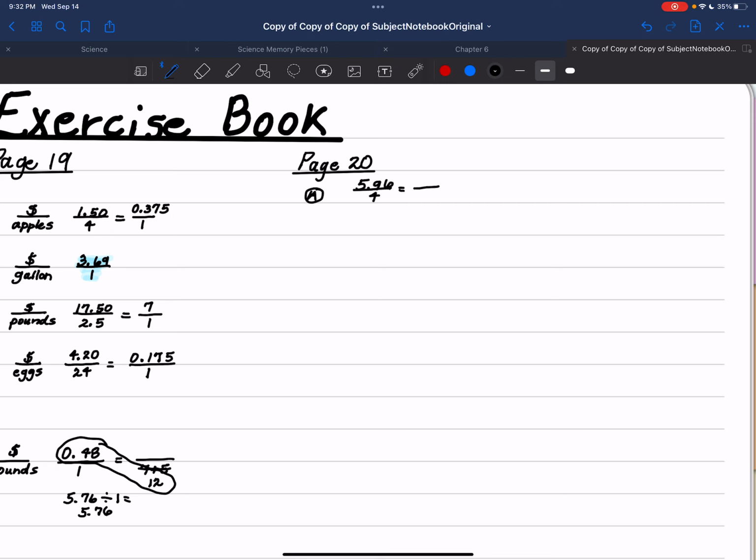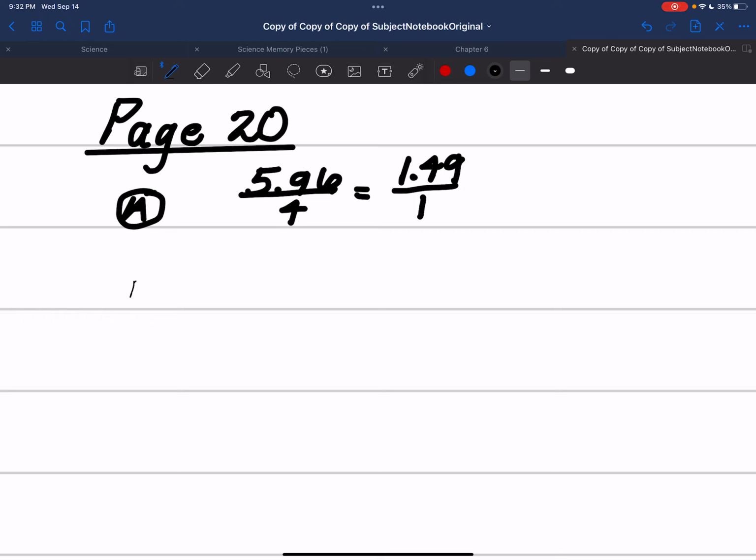And I think I'm going to bring my pen size down just a little so it's a little bit easier to read. Then B is 5 pounds of bananas for $3.45. So that's $3.45 divided by 5.